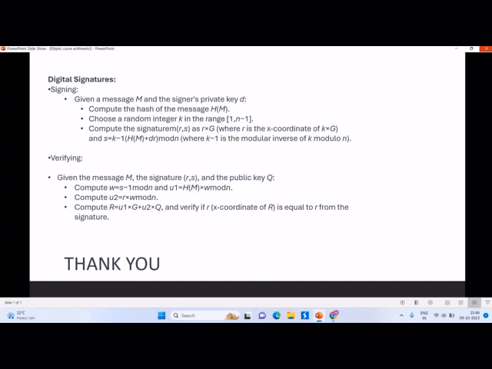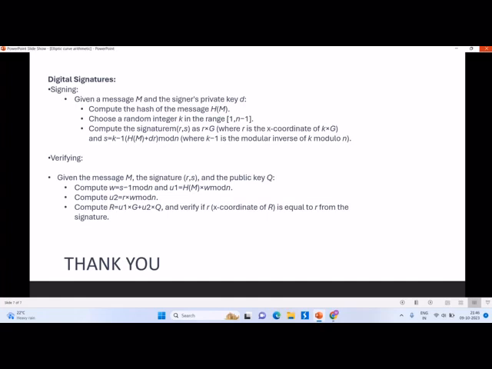In verifying the message, we use the same message, the signature r and s, and the public key Q. We compute w equals s inverse mod n, and u1 equals H of M times w mod n, where H of M is the hash message.